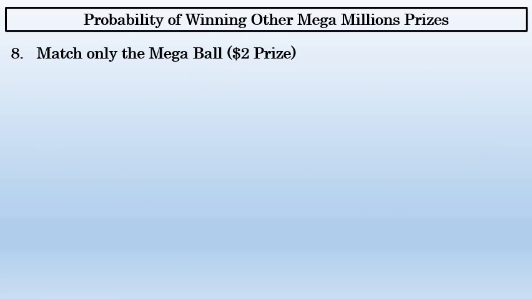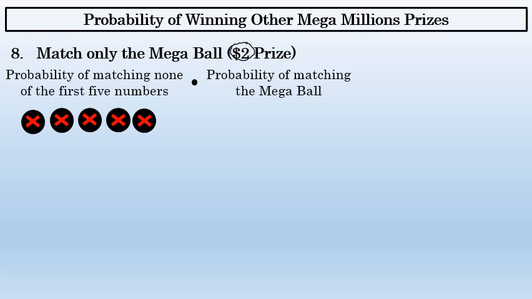Finally, the probability of matching only the mega ball and winning $2 will come from determining the probability of matching none of the first 5 numbers, all of the first 5 numbers not matching, and multiply that by the probability of matching the mega ball. So, how many ways out of the 12 million ways those first 5 numbers can be drawn result in no matching numbers?